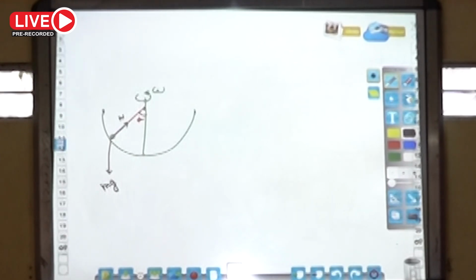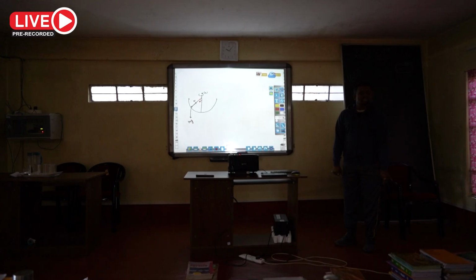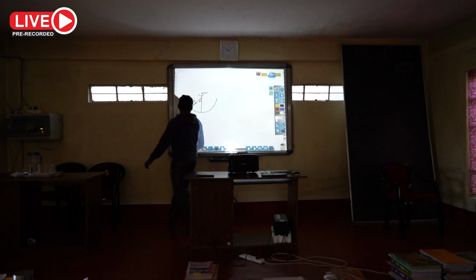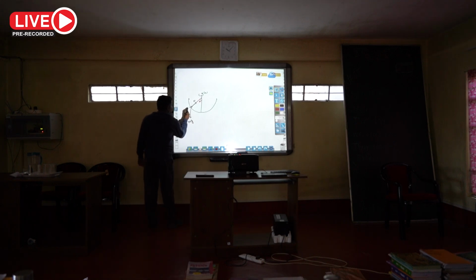So the observer is on the ball itself, and he will feel another force opposite to the direction of acceleration, that is the centrifugal force, directed in this direction.